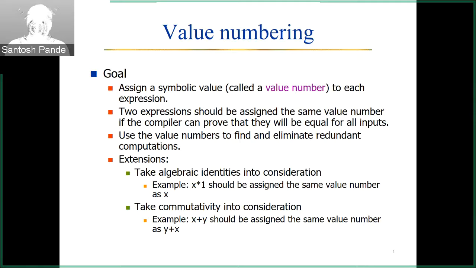And we, in this particular process, do something else on the fly, which is some algebraic transformation. For example, x times 1 should be same as x, x plus y and y plus x are same. These kinds of things, commutativity.